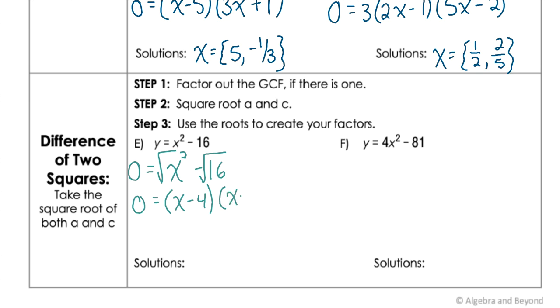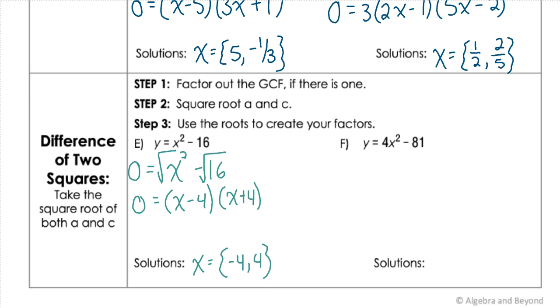And since they're perfect squares, my other factor is exactly the same. The only difference is if I want them to multiply to negative 16, I have to make one of them positive and one of them negative. So my two solutions then would be negative 4 and positive 4.